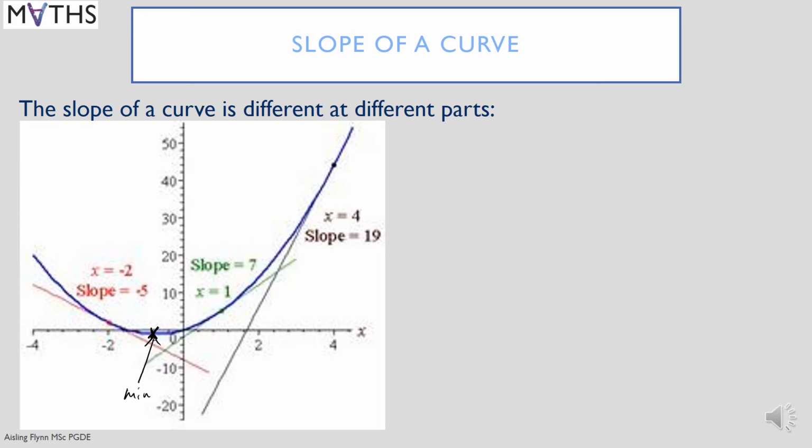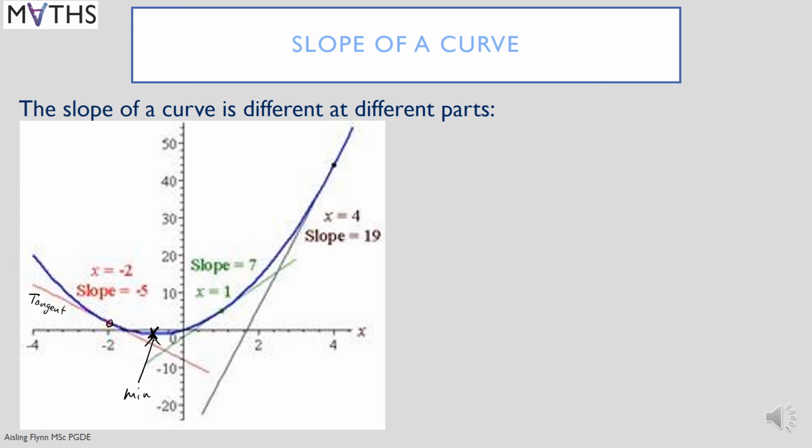So left of minimum, we've chosen a single point here where x is -2, and we've drawn a tangent. Okay, so that red line that touches the curve at the point where x is -2 is called a tangent, and what it does, it shows the slope right at that point of contact.